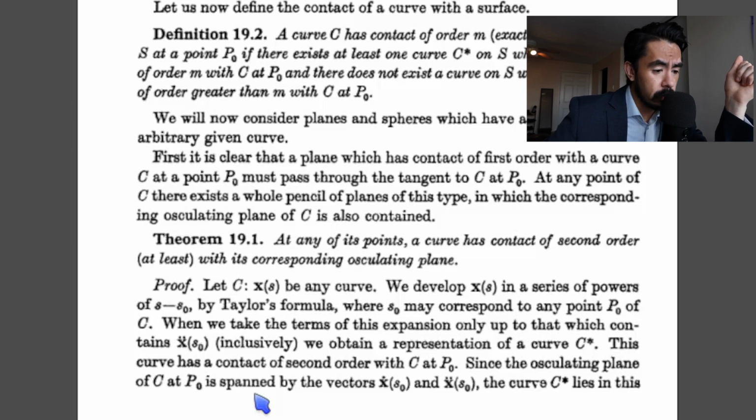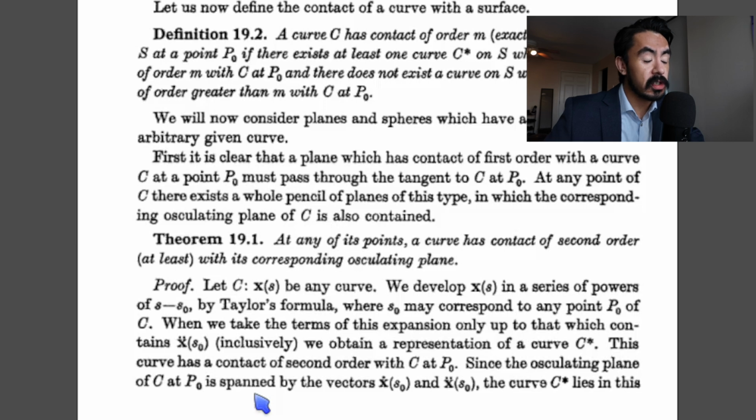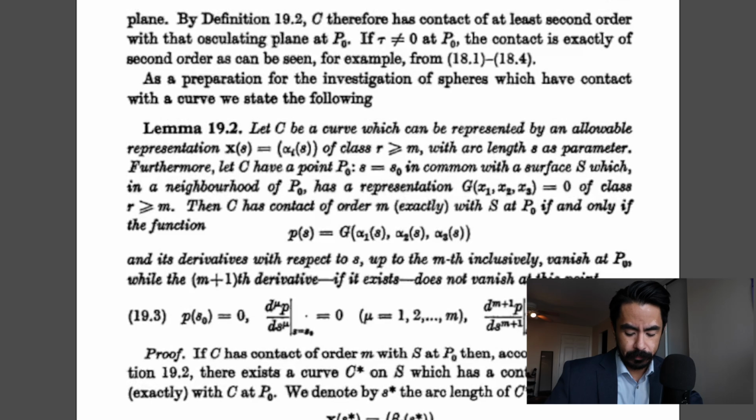When we take the terms of this expansion only up to that which contains x double dot of s naught inclusively, we obtain a representation of a curve C star. This curve has a contact of second order with C at P naught. Since the osculating plane of C at P naught is spanned by the vectors x dot at s naught and x double dot at s naught, the curve C star lies in this plane.